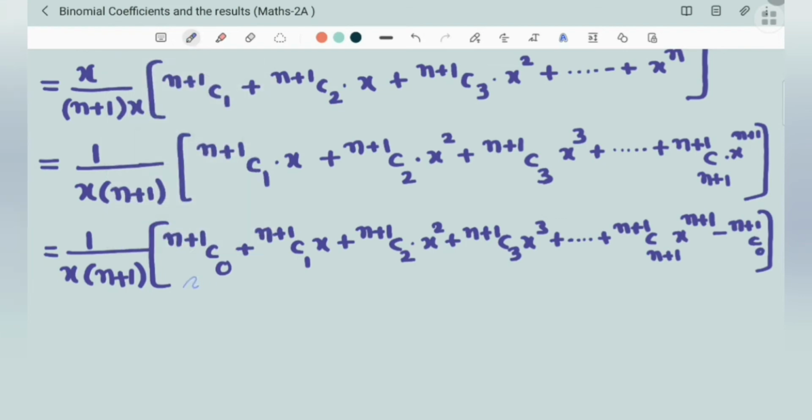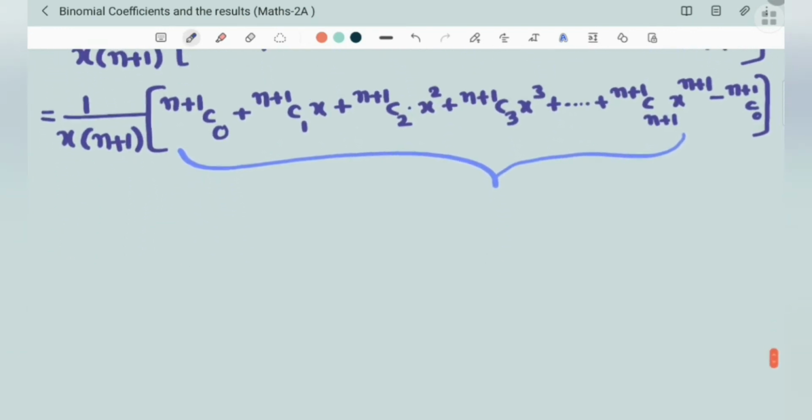Here, from here to here, we will make it as binomial expansion. In the next step, whatever I mentioned, that flower bracket, 1 by x into n plus 1.